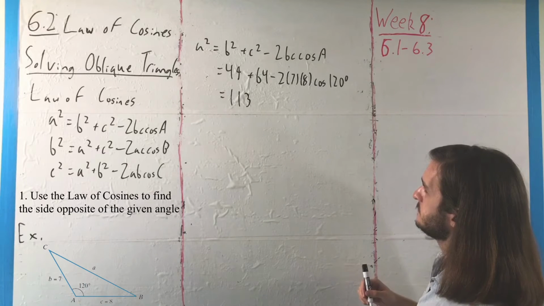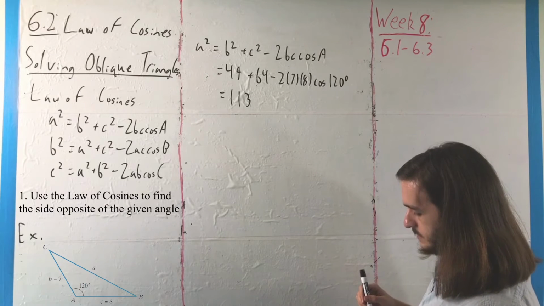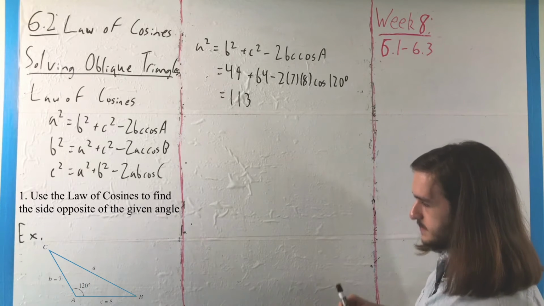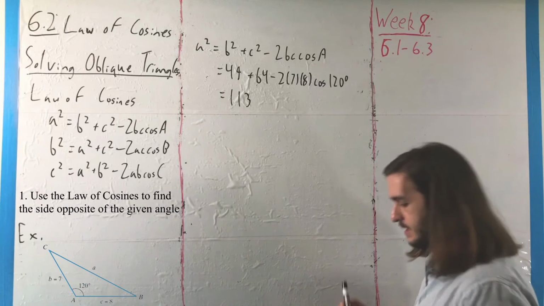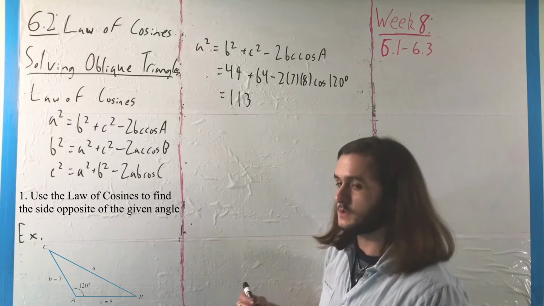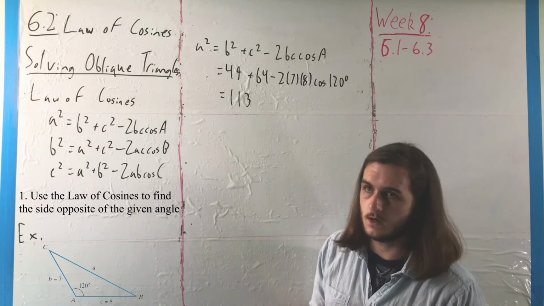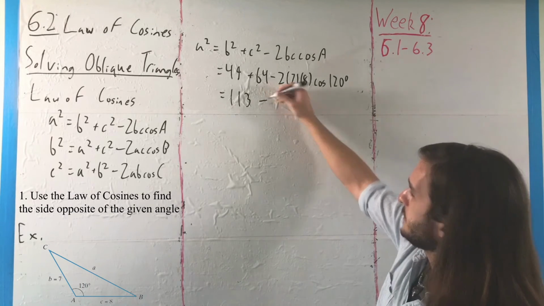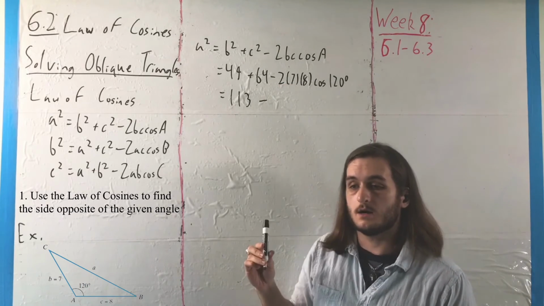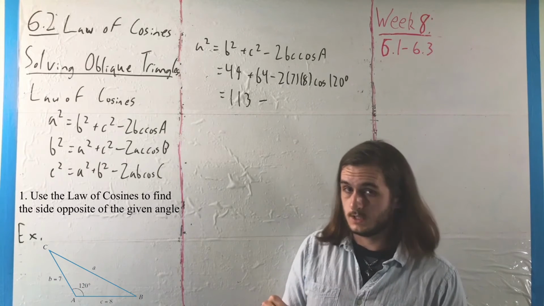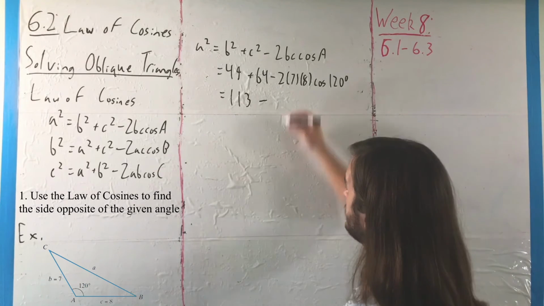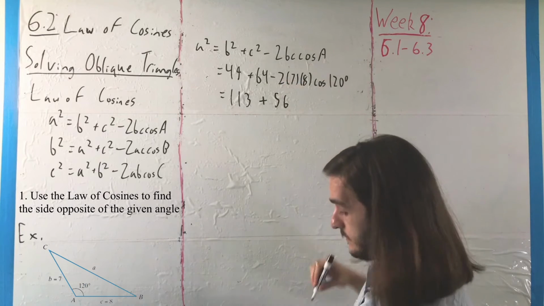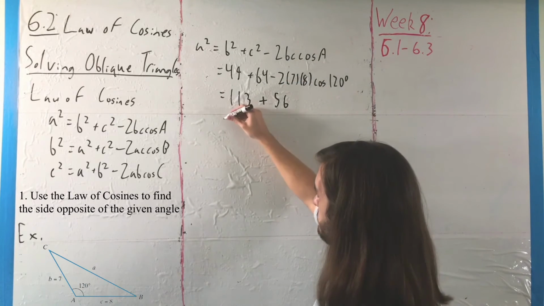Meanwhile, over here, you would get 2 times 7 times 8, so that would be 2 times 56, or 112, but then you're multiplying it by cosine of 120, which is negative 1/2, so you would end up with positive 56.